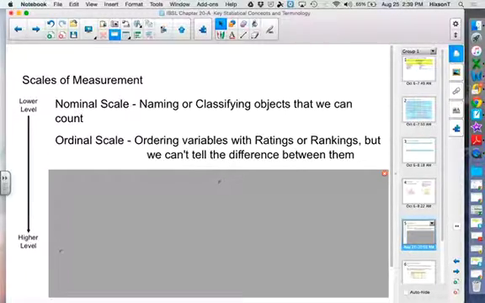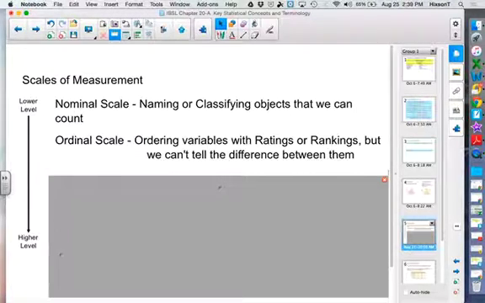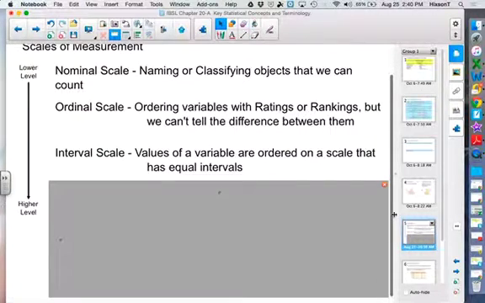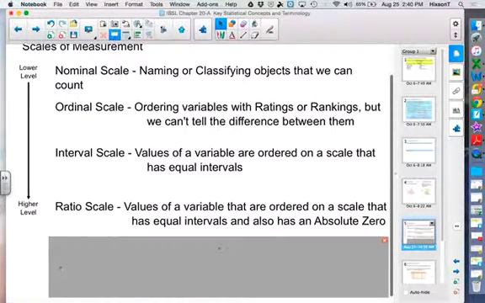But that's the ordinal scale, putting things in an order. Then we have the interval scale. The interval scale and the ratio scale are very, very similar. Here we have values of variables that are ordered, but in a way that there is a consistent distance, an interval, between the different values.